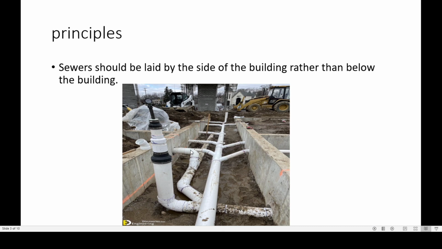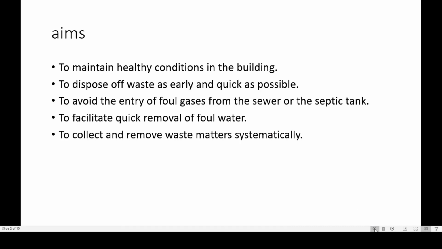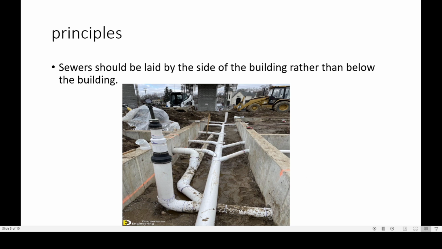Our principles are targeting these aims to ensure that we achieve them. So that is our principle number 1.